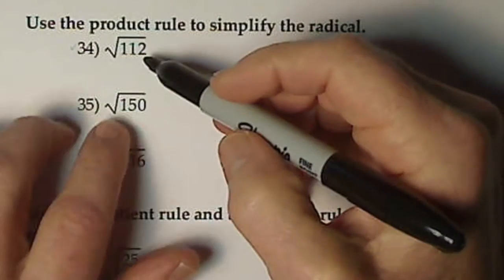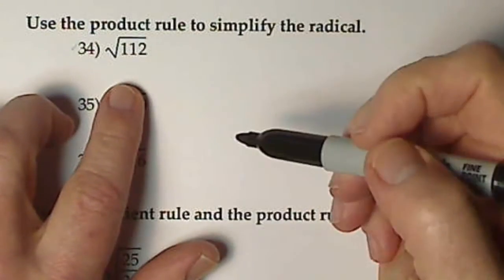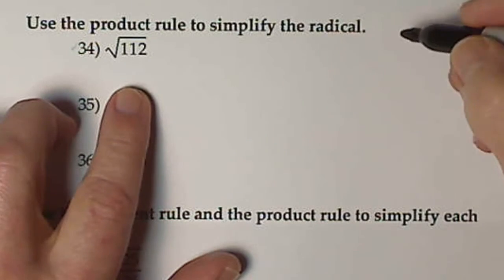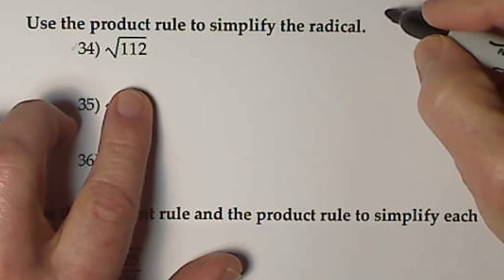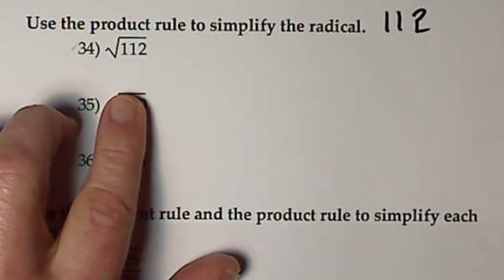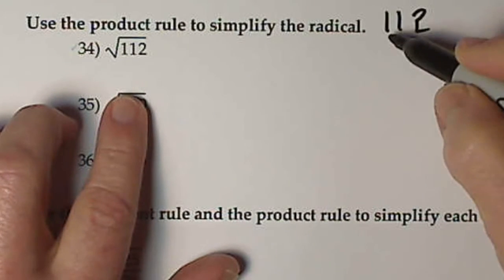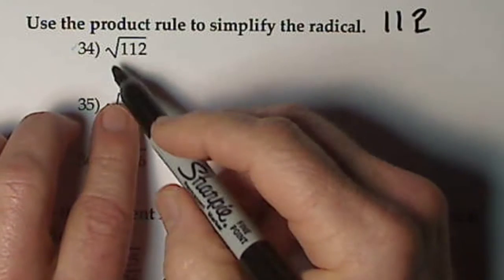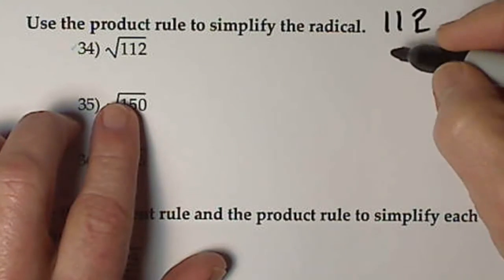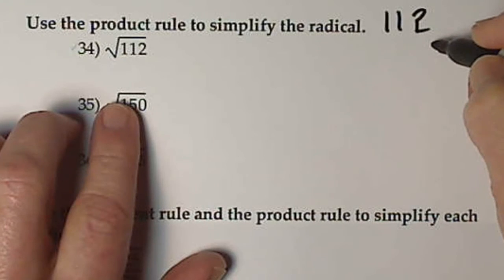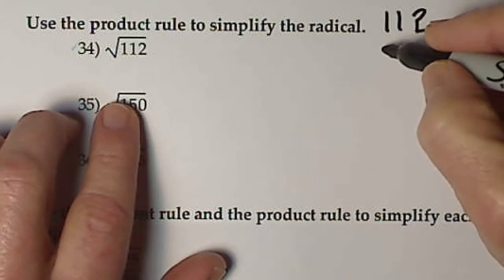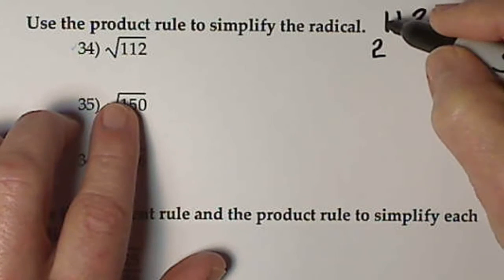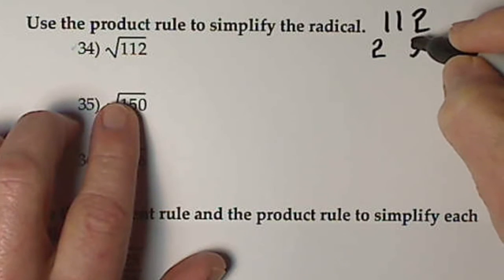This 112 is not a perfect square. So you just list your 112 and start listing all the factors and keep your eye out for a perfect square somewhere lurking within that. Okay? So we would have, obviously 1 times 112 isn't going to help. So I'll start with 2 times 56.